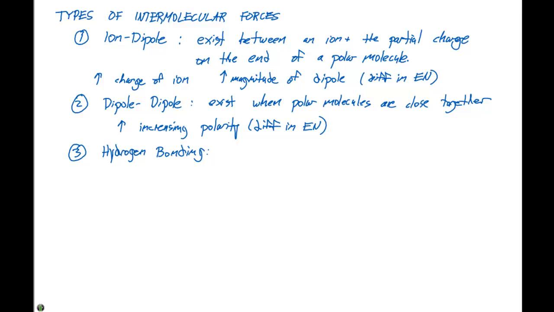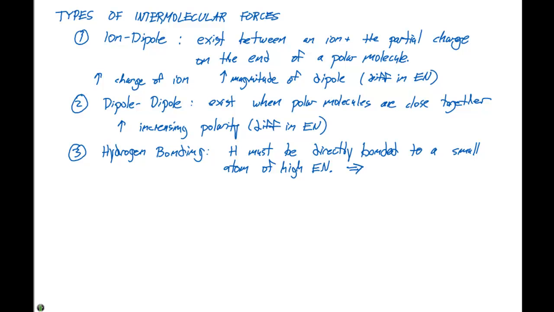And in this case, a hydrogen must be directly bonded to a small atom of high electronegativity. And these atoms that we consider to have high electronegativity are going to be nitrogen, oxygen, or fluorine.